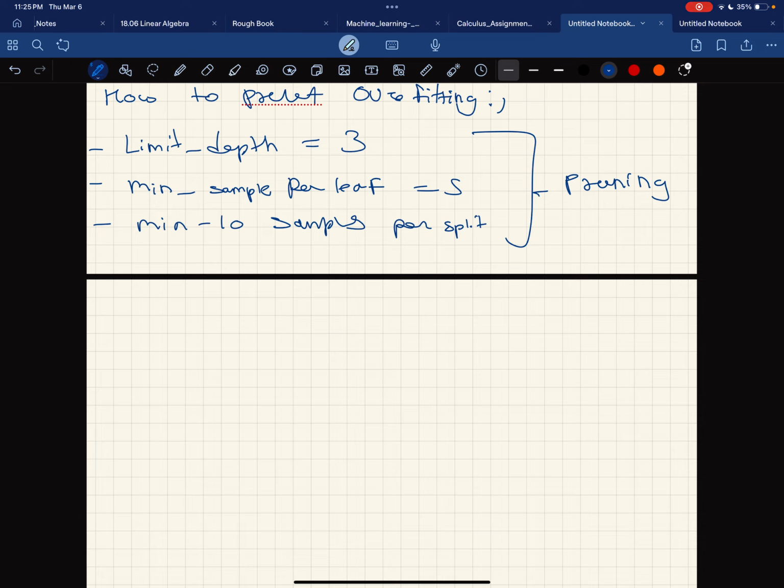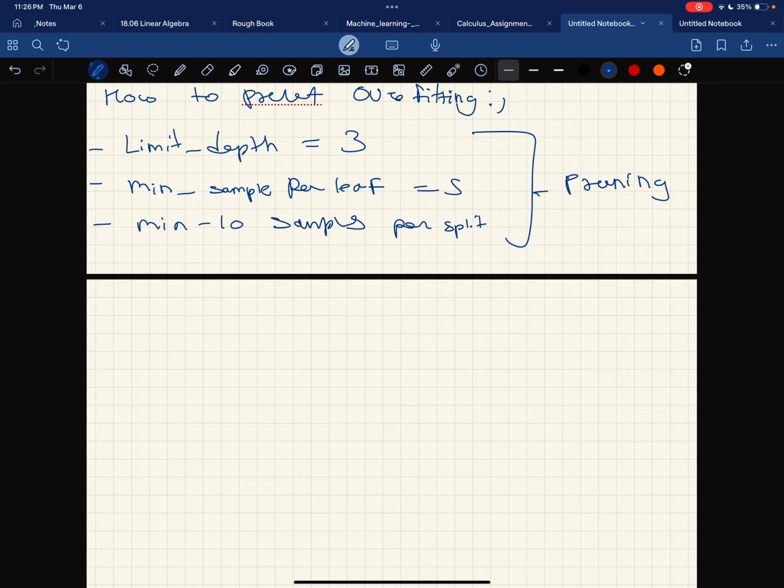What pruning does is it tries to remove branches that do not improve accuracy. Right? I hope you are getting me. So that's the pruning part. I hope you got an idea.